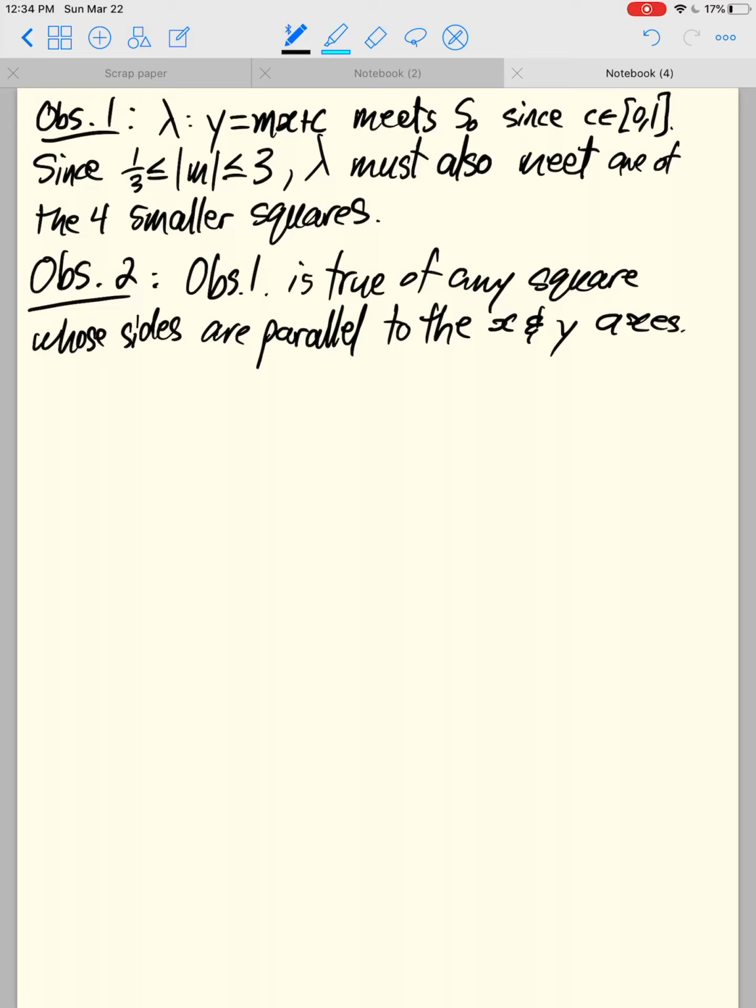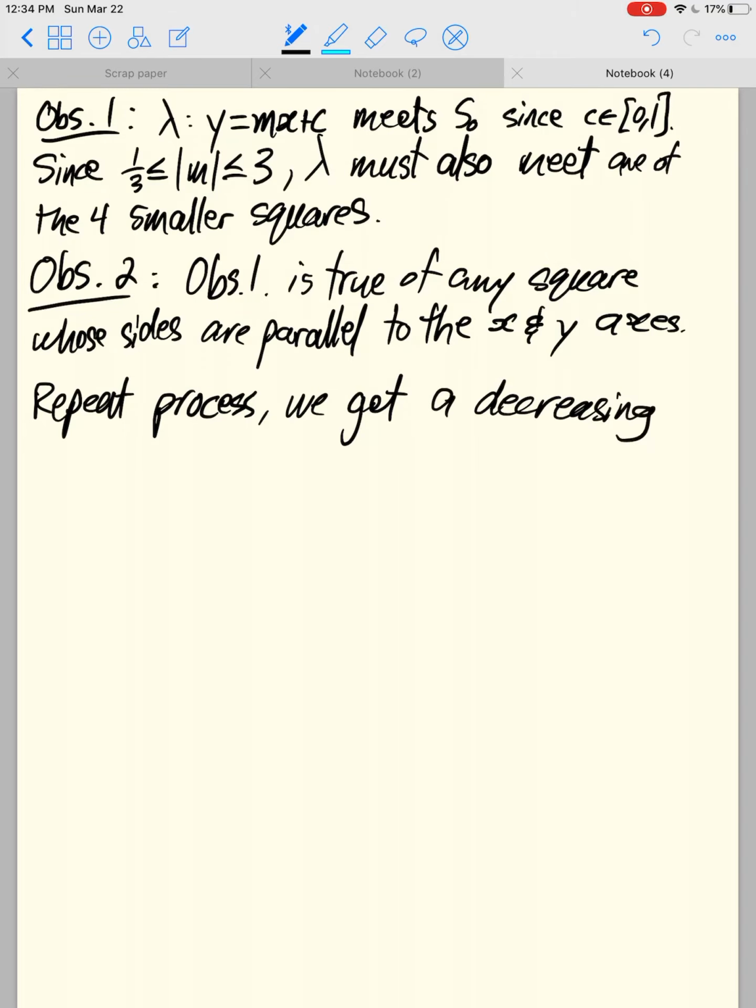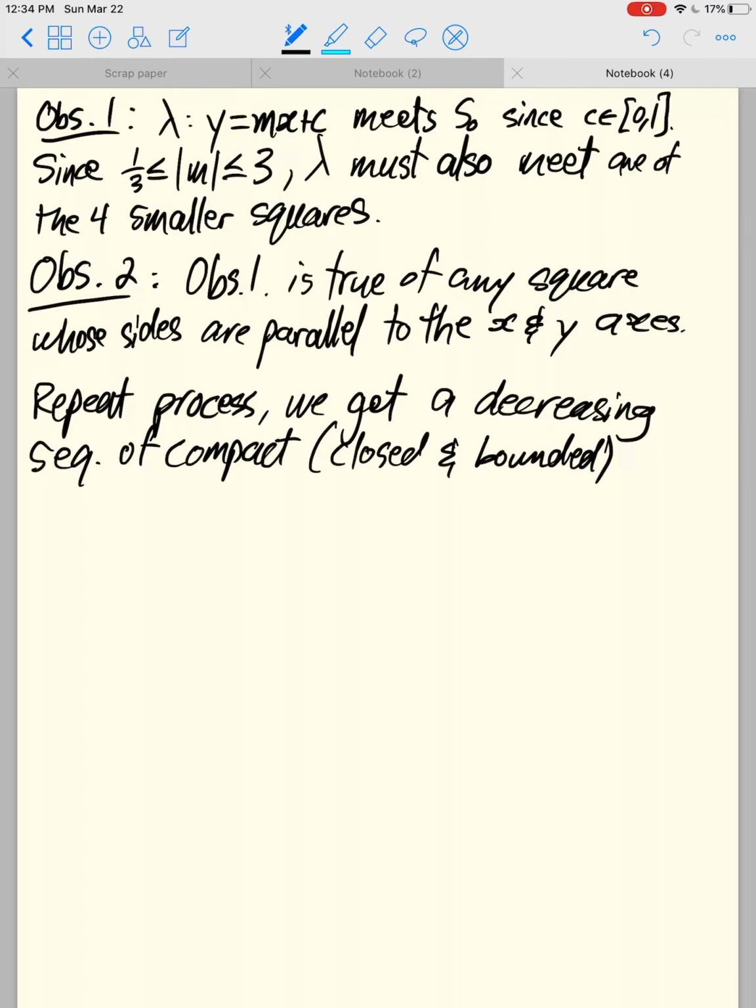So what we're left with, as we repeat this process, is a decreasing, shrinking sequence of compact, which is closed and bounded, squares.